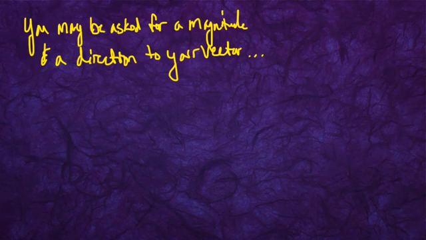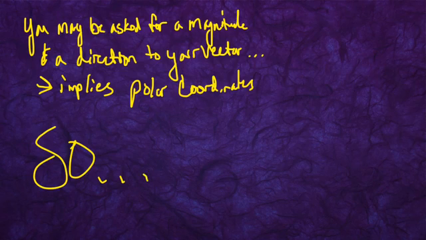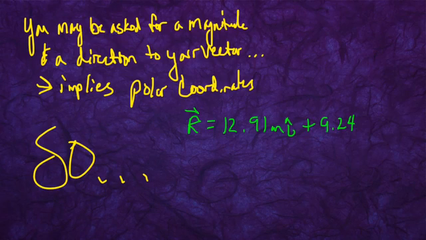Yeah, these are going to imply polar coordinates. So if our R vector, we found our components, I hat and J hat are going to be 12.91 and 9.24, then how do we work these? Well, we go from rectangular to our polar.